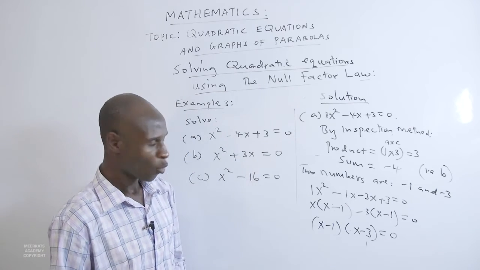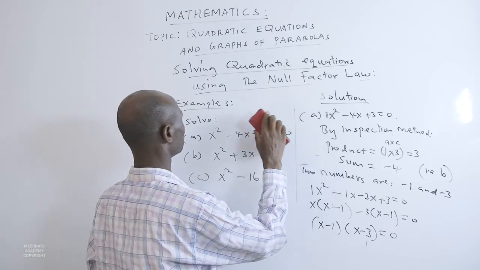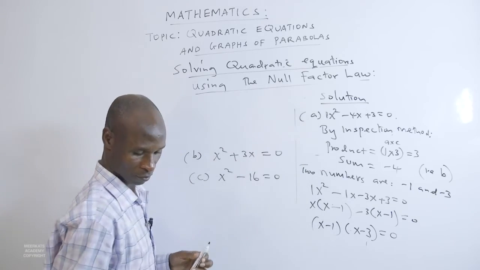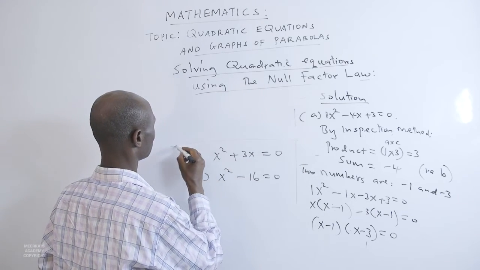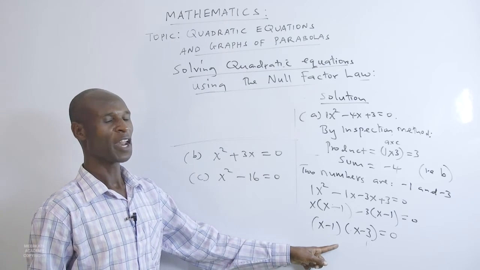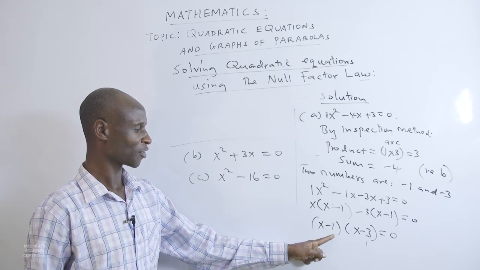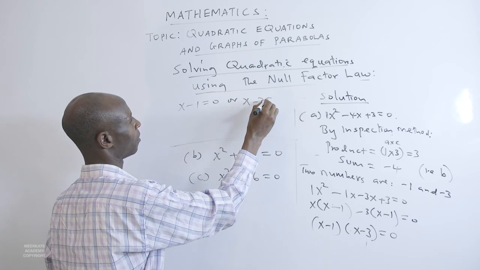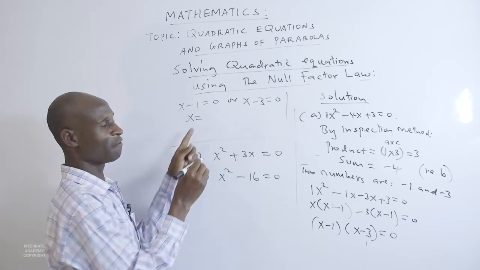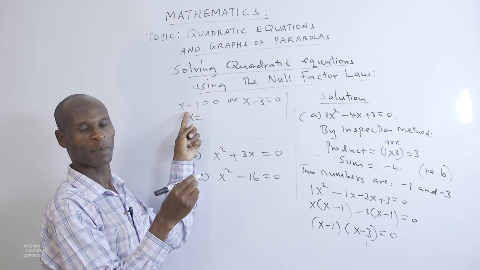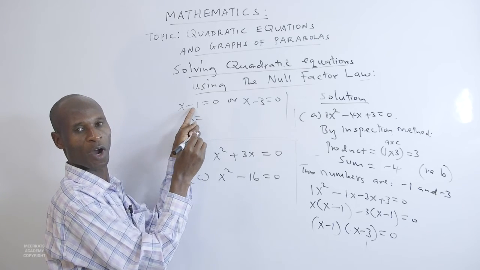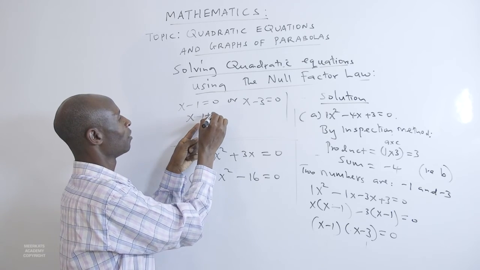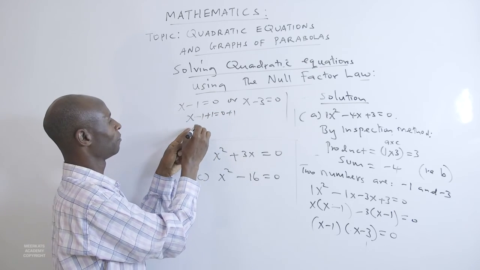Then from here, we now use the null factor law to get the value of x. So the value of x for the first linear factor, x minus 1 is 0, will be x, you add 1 on both sides, negative 1 plus 1, 0 plus 1.